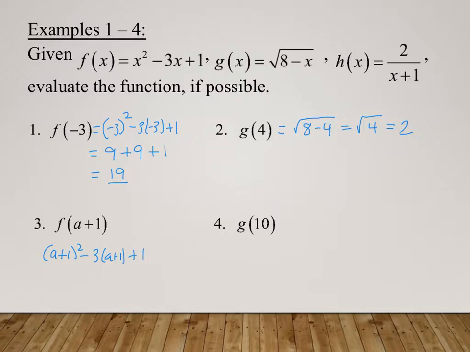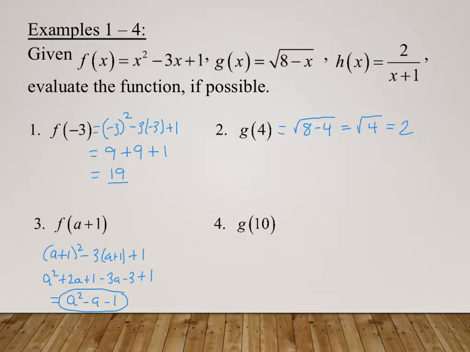Now we will expand the square term, so we get a squared plus 2a plus 1 minus 3a minus 3 plus 1. Now we can combine terms and we end up with a squared minus a minus 1. So there's our answer.